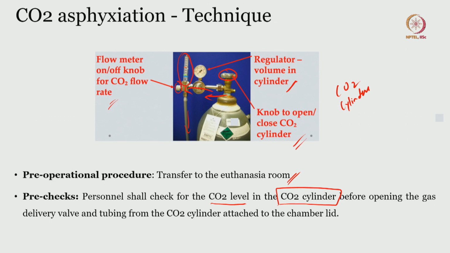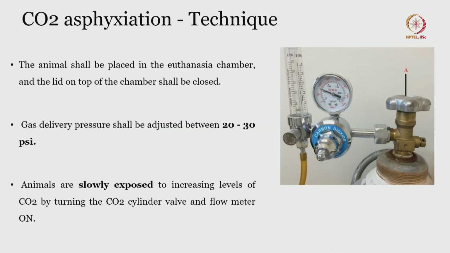So, check the carbon dioxide level in the cylinder before opening the gas delivery valve and tubing from the cylinder, which is attached to the chamber lid. Before we do that, we need to ensure that the cylinder is full and available for euthanasia. These are some of the pre-checks that you need to do.